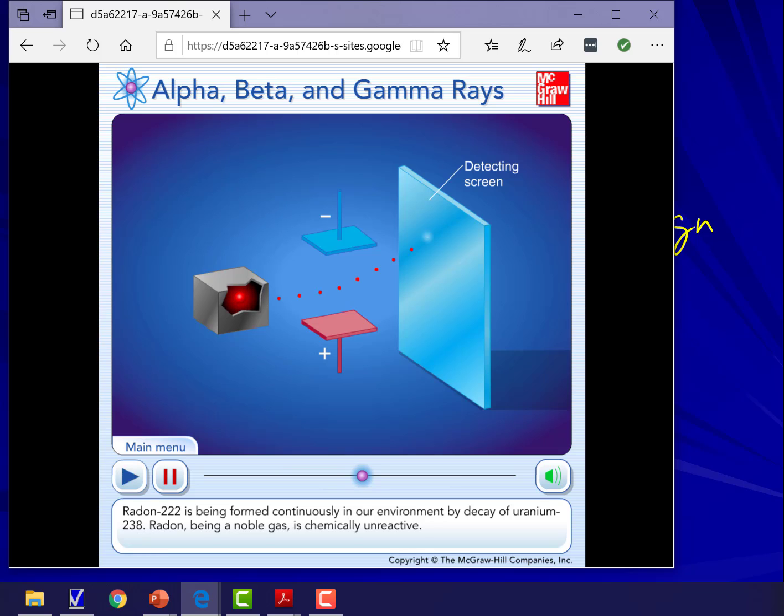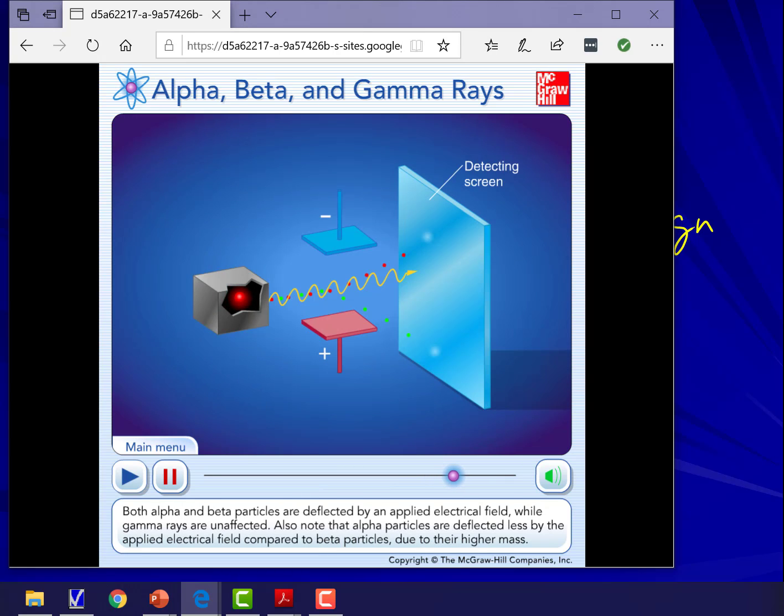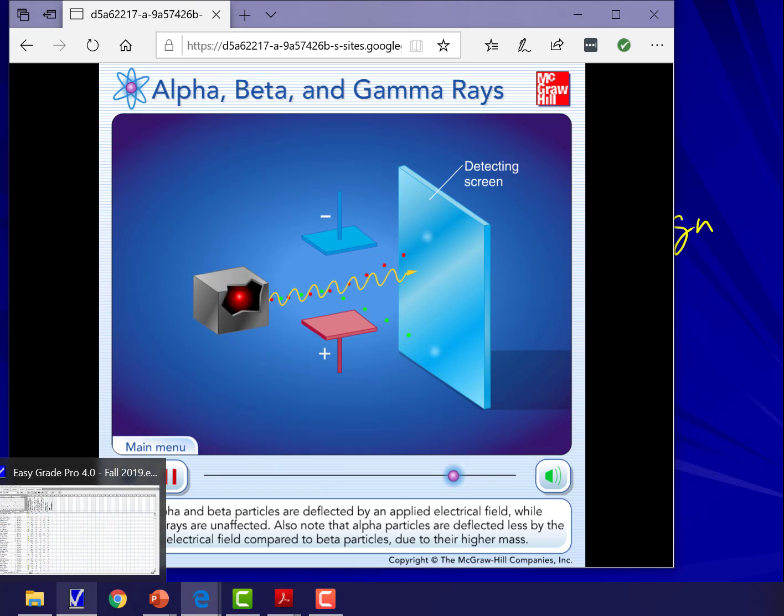What you can't really tell unless you see all three at the same time is there's a difference in how much they turn. The gamma doesn't turn at all, but notice the beta turned a lot more than the alpha. Why?